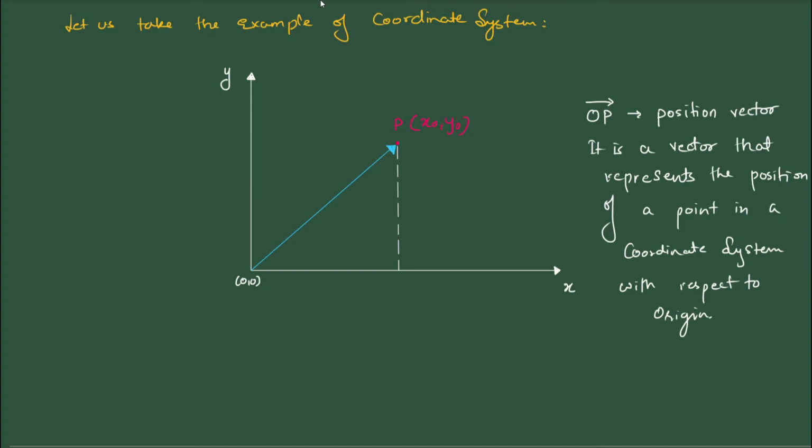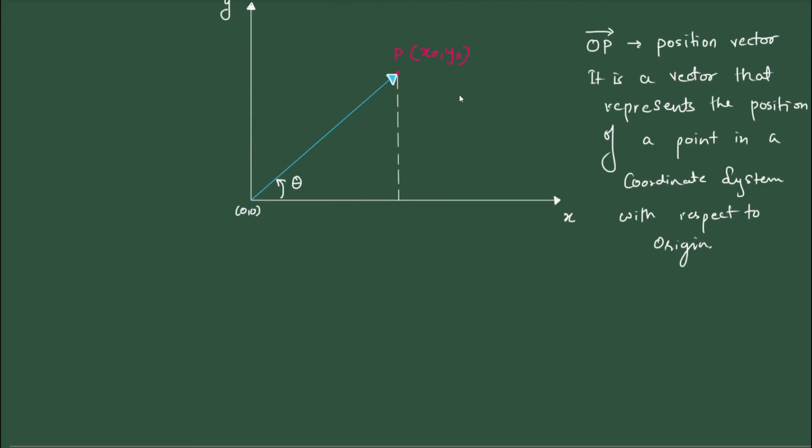Okay guys, now I think it is very much clear. OP is a vector quantity, OP is a position vector, and the position vector is something that represents the position of a point on the coordinate system. Now you must be looking at this, that it is making some angle theta. Now if I say the magnitude, suppose I put the OP vector between the two bars, we know it's the magnitude.